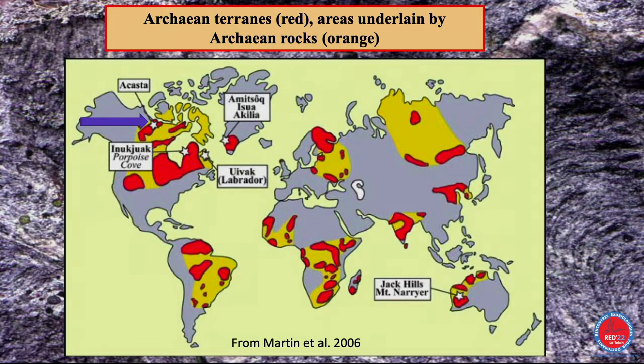And the next one, I'll look at Greenland. I will show you some pictures of the rocks next. And the third place, Jack Hills conglomerates, because here the oldest Hadean zircons have been found.